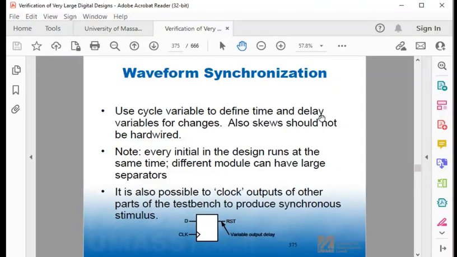Here is something that might look familiar from an implementation standpoint, where you take the clock and you synchronize reset with it. Remember though, in that case, that this can have a variable delay. And what you want to make sure is that delay doesn't exceed the clock period, because that would invalidate synchronizing reset that way.